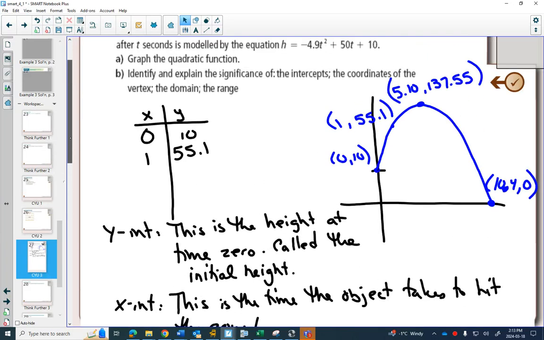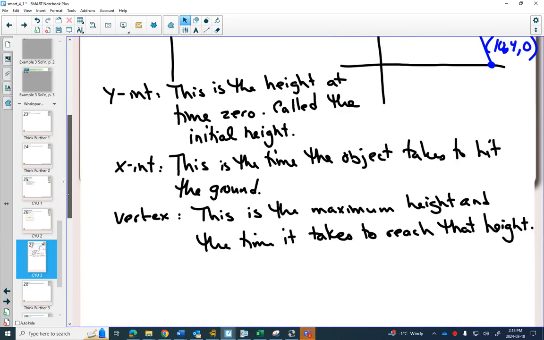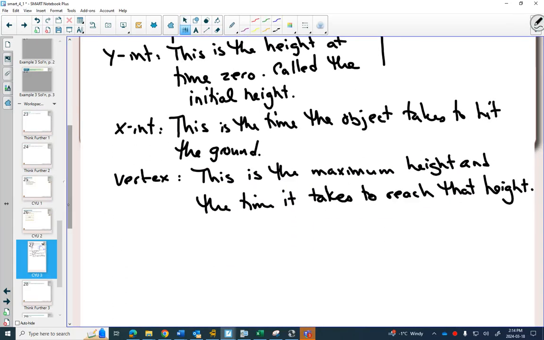And finally, it asks us to talk about the domain and the range. Since this is a real life problem, normally the domain for a parabola is everything, because it goes on forever in both directions. In this situation, the only domain that makes sense is starting at 0, because the object isn't flying in negative time.